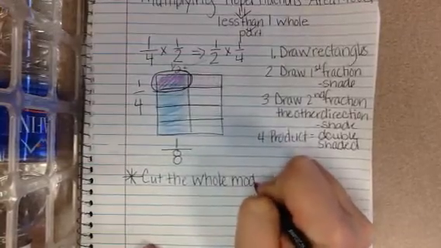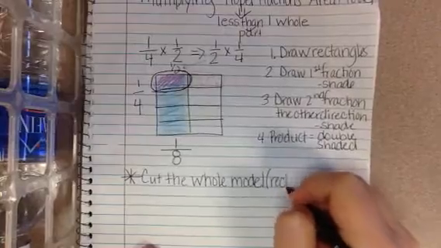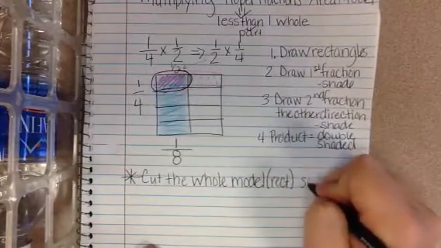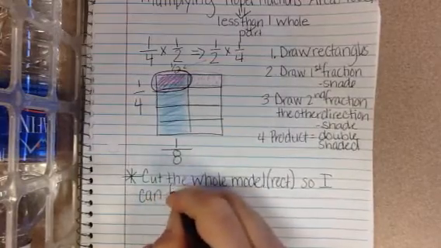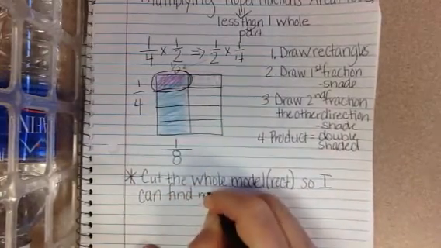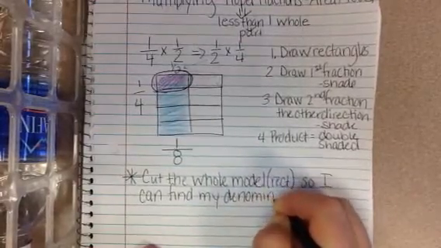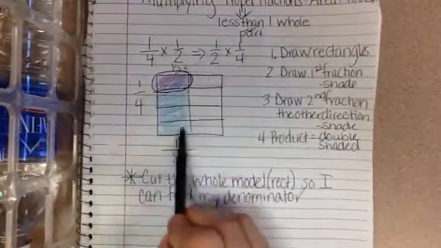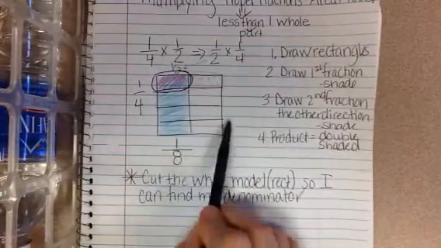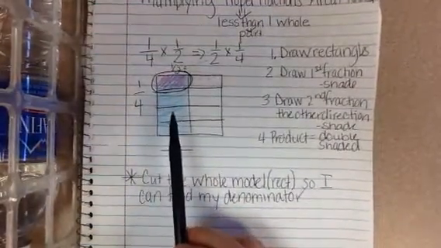I have to cut up this whole entire model or rectangle so I can find my denominator. Because if I only cut this part, then I would just be having fourths, but I didn't. I cut the whole thing and it was eighths. Because I had half and then I cut all of it.